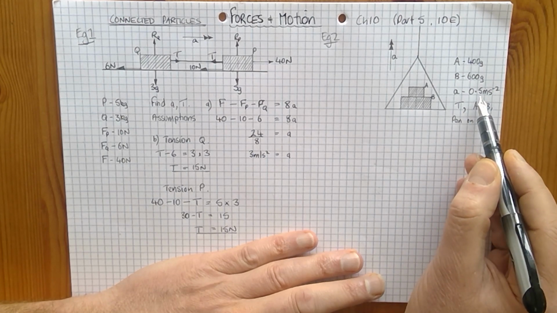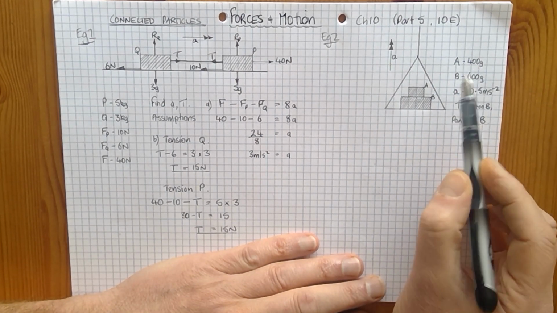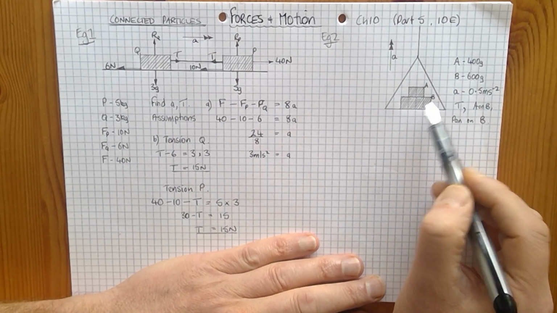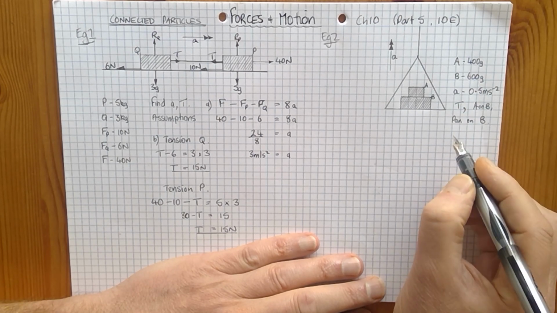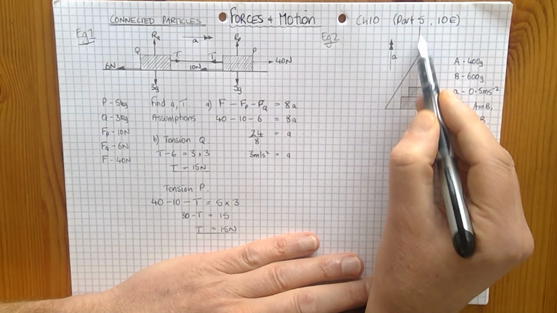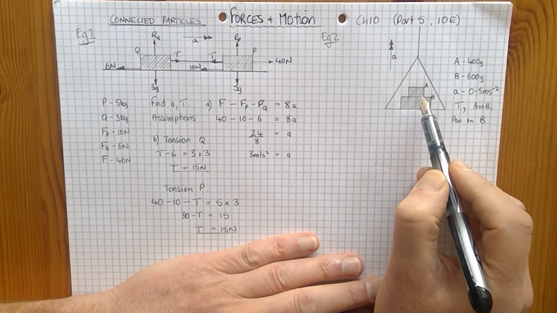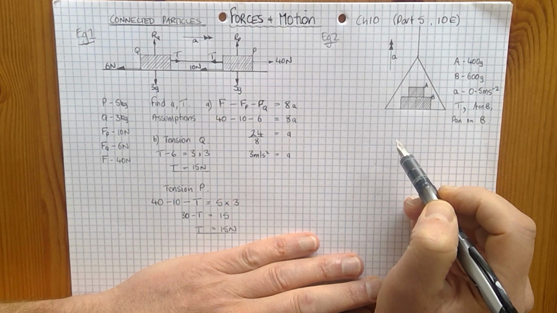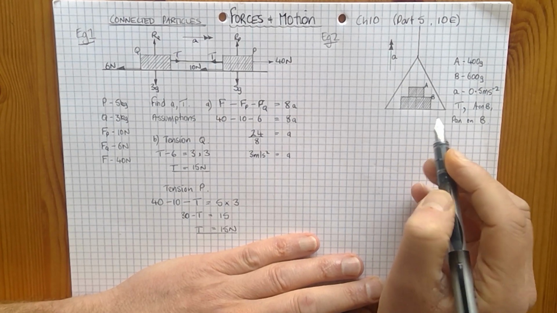You're told it's accelerating at 0.5 meters per second squared. You're told that A is 400 grams and B is 600 grams. We want to work out the tension in the rope here, the force of A on B, and the force of the pan on B.